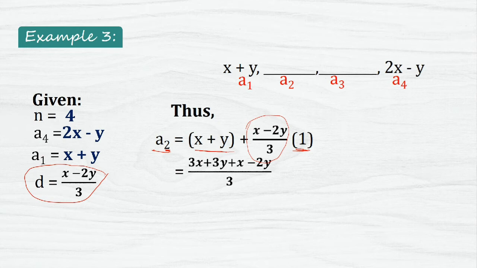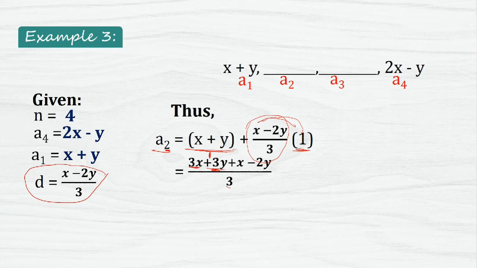So there is a denominator of 1 here. 3 divided by 1 is 3. 3 times x is 3x. Then 3 divided by 1 is 3. 3 times y, that's 3y. So plus 3y. Next, we multiply this by 1, so it's automatically the same. Plus x minus 2y all over 3.